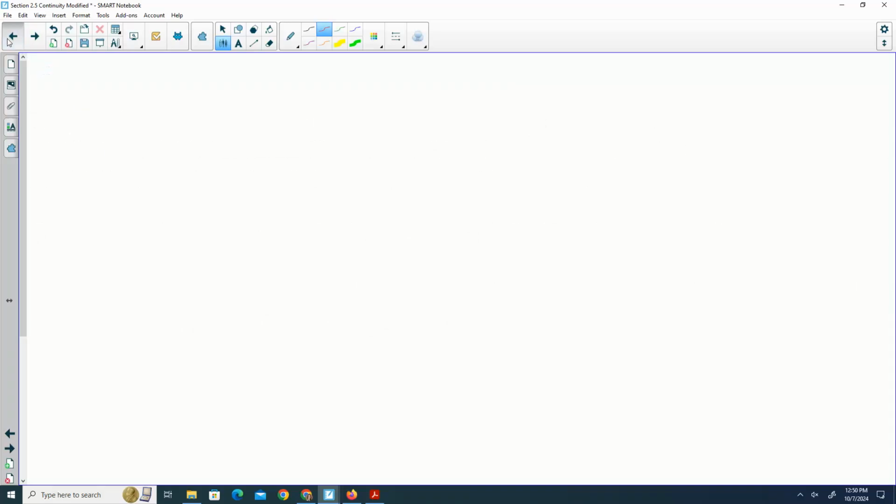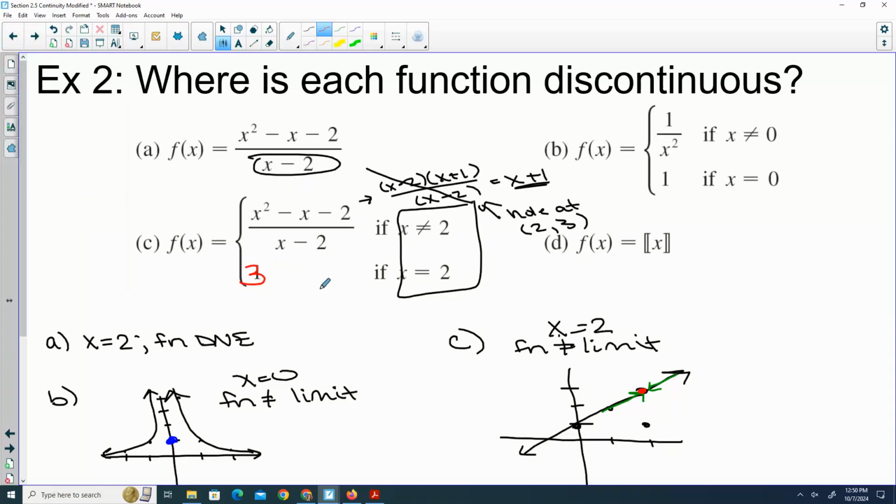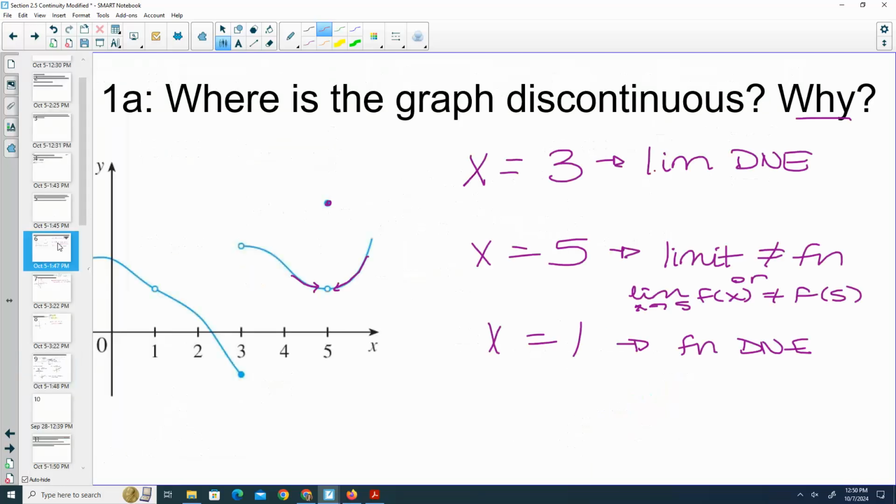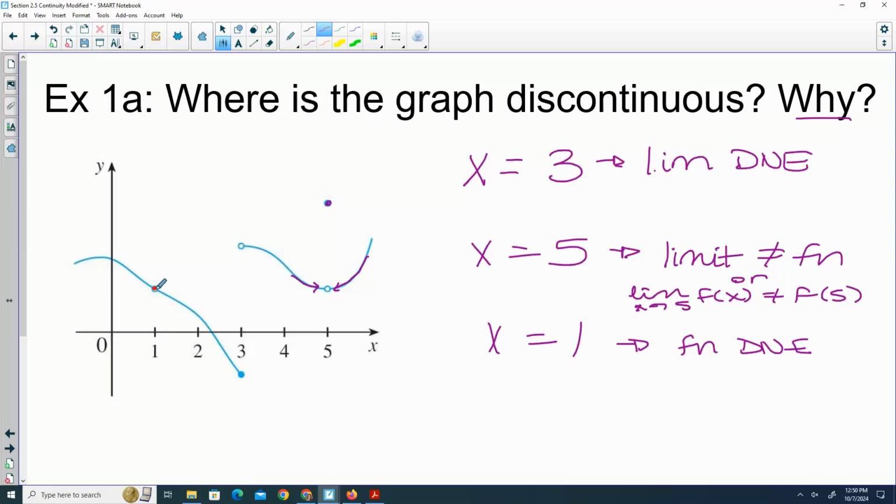Same thing with part A. We didn't draw that full graph, but it's the same one, just without the dot. So if it's just an open circle on your graph, that's removable. If we think back to that first picture I gave you, at 1, this would be a removable discontinuity. I could fix it if I just filled in that dot.